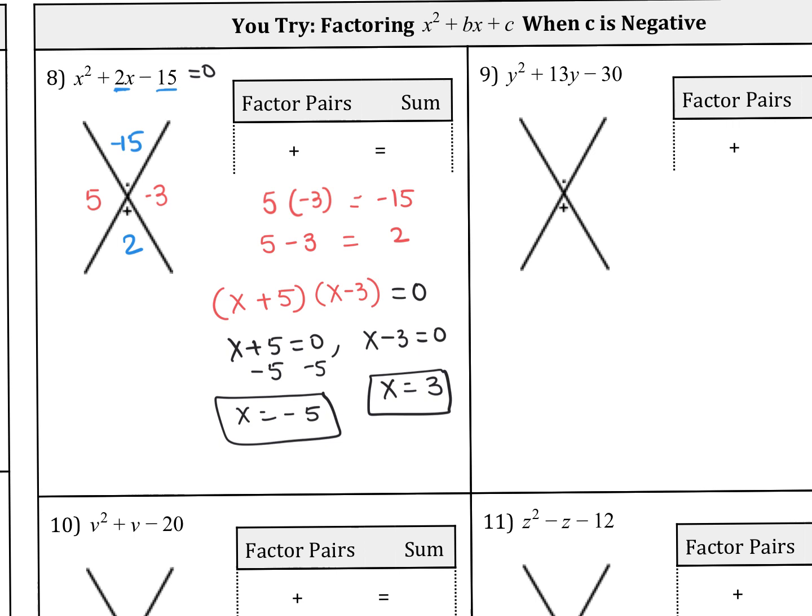Two values of x. And if by chance you get an expression to factor, so it's not an equation, it's not equal to 0, and it's asking us to just find the factors, then you're going to just stop here and you don't have to find the x values.